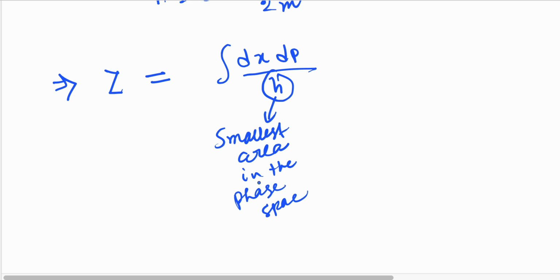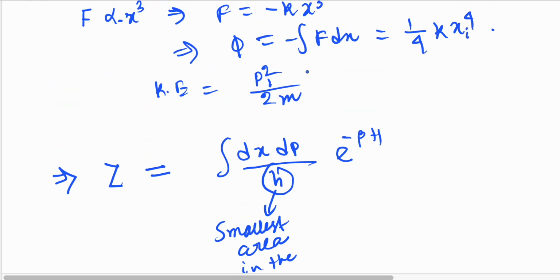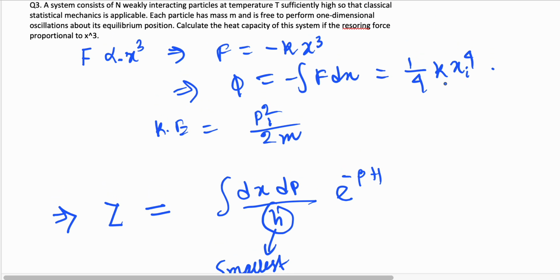Since we want to count the total number of microstates in this volume dx times dp, we need the smallest area. By using that smallest area we can count the total number of microstates. That's why we divide by h. So dx dp times e to the power minus beta H, where H is the Hamiltonian, and we know the value of this Hamiltonian.